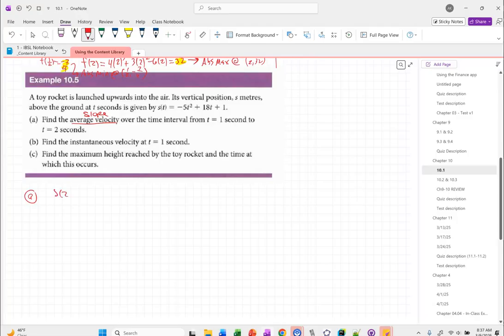So I'm just going to do s of 2 minus s of 1 over 2 minus 1. s of 2 is going to be negative 20 plus 36, so that's positive 16, plus 1 more is 17.